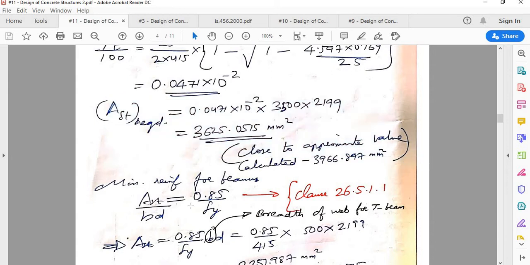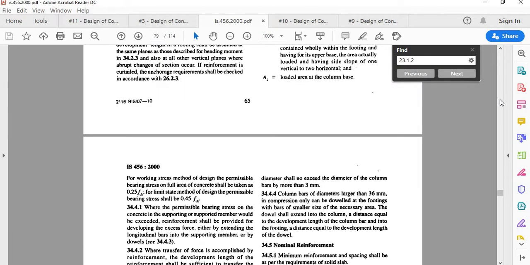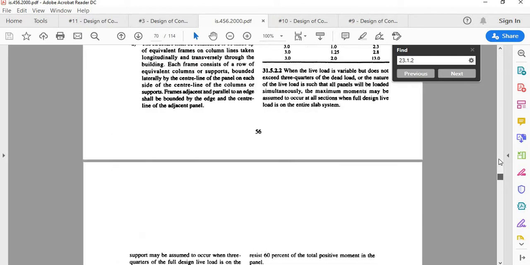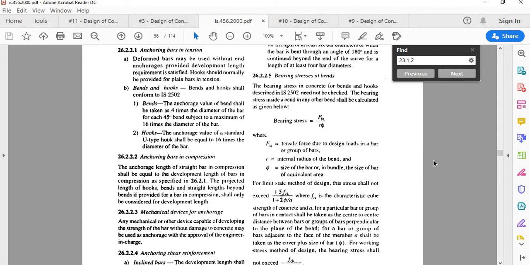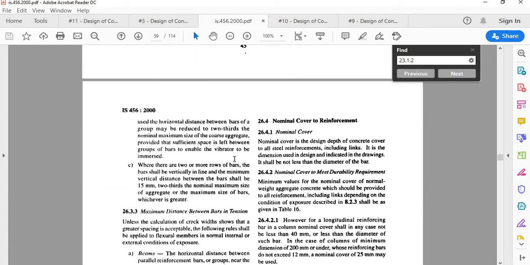Now we can also verify that with AST minimum. So remember, this is a beam, we are designing it as a beam, so you have to use the clause corresponding to minimum reinforcement of beam, 26.5.1.1. Sorry, I should have written the page number, but anyway it is somewhere.